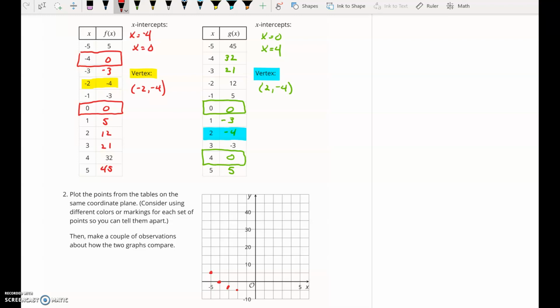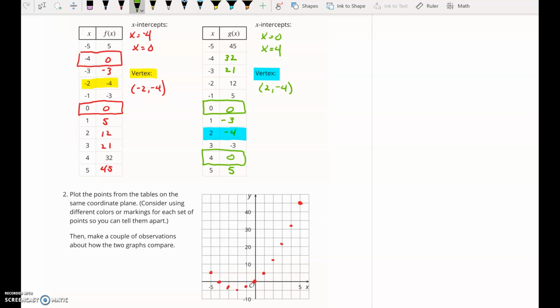I have -1, -3. 0, 0. 1, 5. 2, 12. 3, 21. 4, 32, and 5, 45. Okay, so there are the red points.